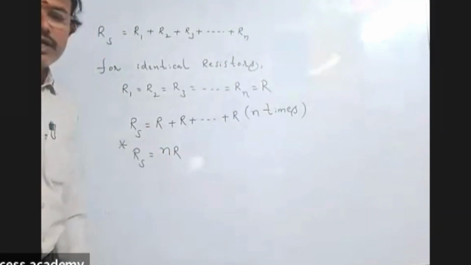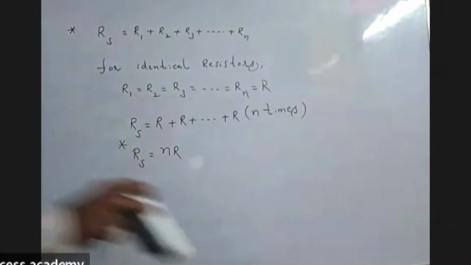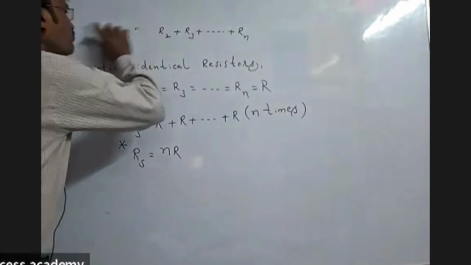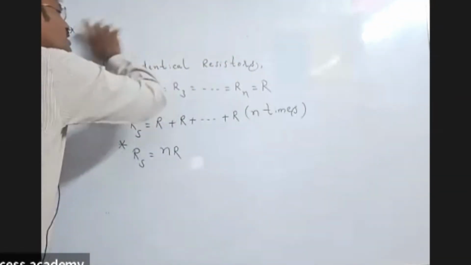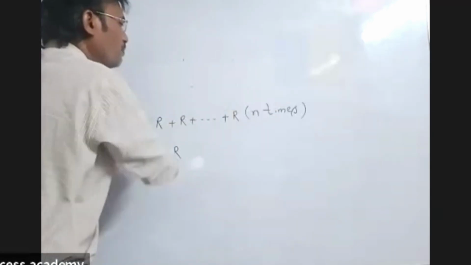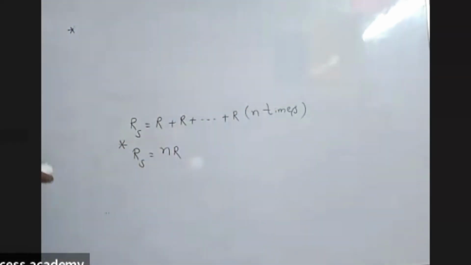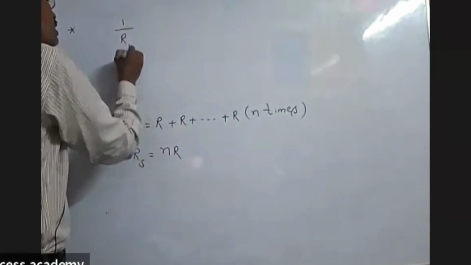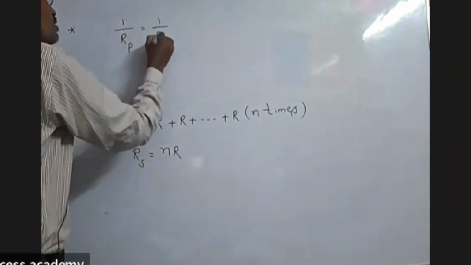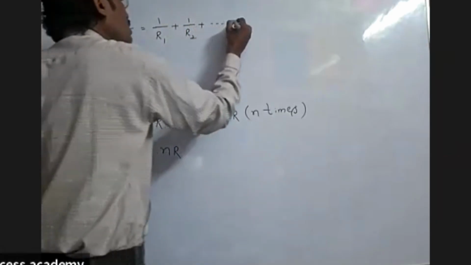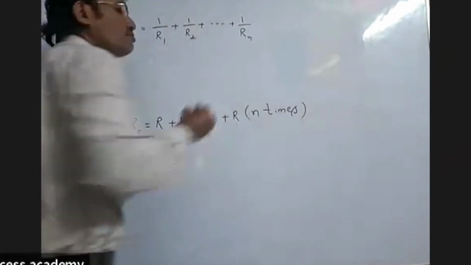Okay, next we come to the parallel combination. If resistors are in parallel combination, the formula for the equivalent or effective resistance in parallel combination is 1 by Rp is equal to 1 by R1 plus 1 by R2 plus and so on plus 1 by Rn.